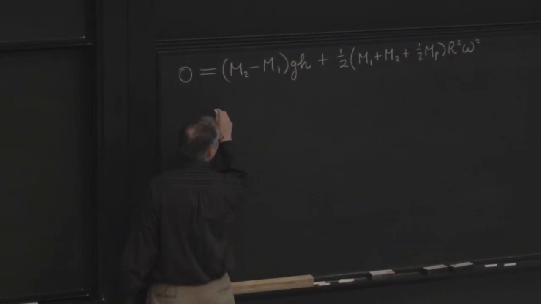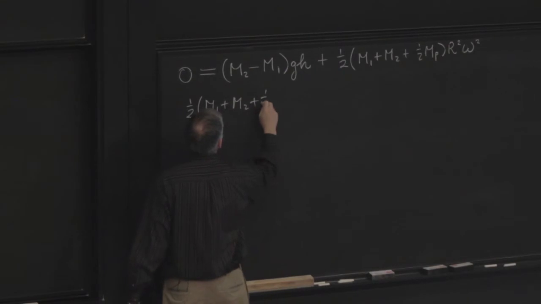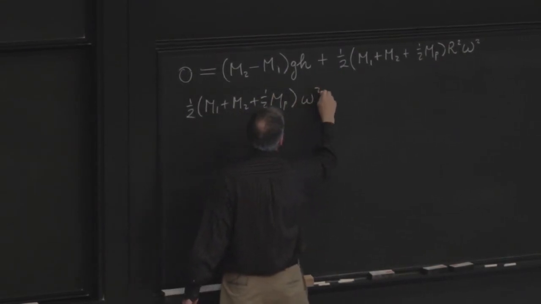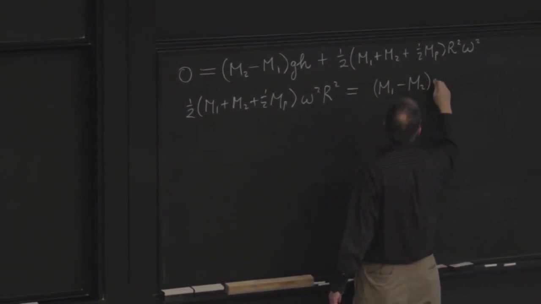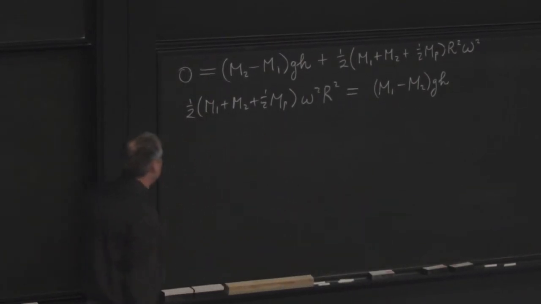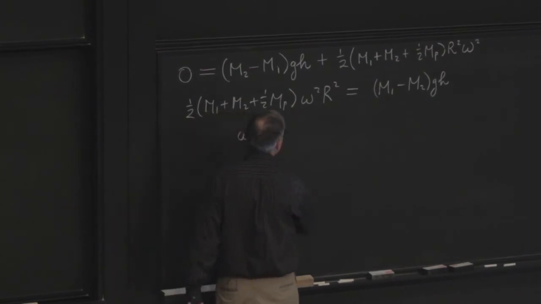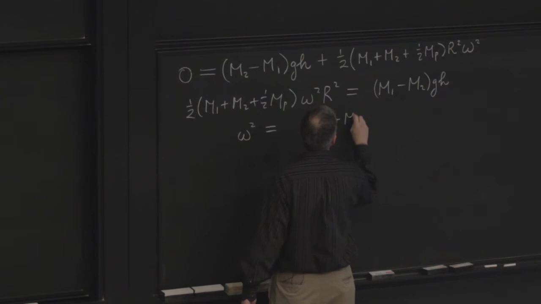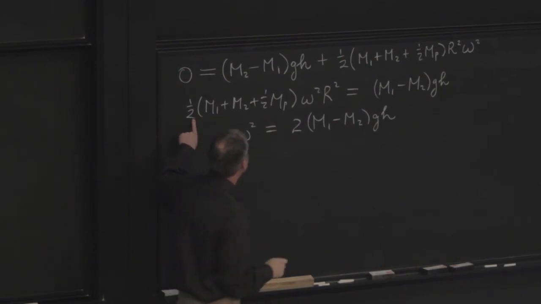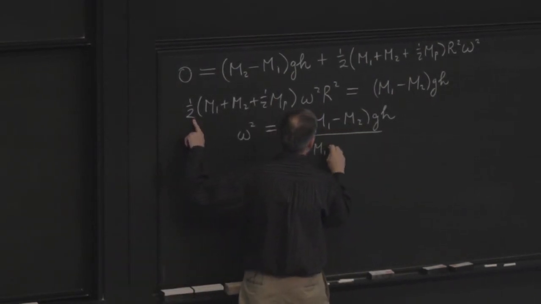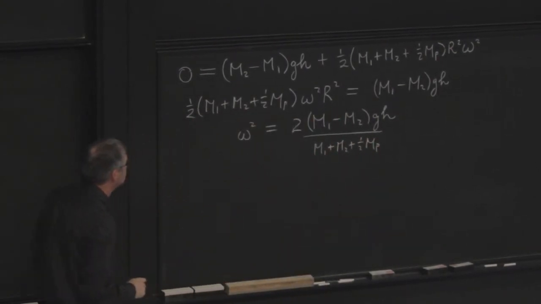So separating, we're going to have 1/2 sum of the masses omega squared r squared is equal to, I'm going to reverse the order, (m1 minus m2) gh, and now divide through, and I get omega squared is equal to (m1 minus m2) gh with a 2 that comes up from here, divided by (m1 plus m2 plus 1/2 mp) and r squared.